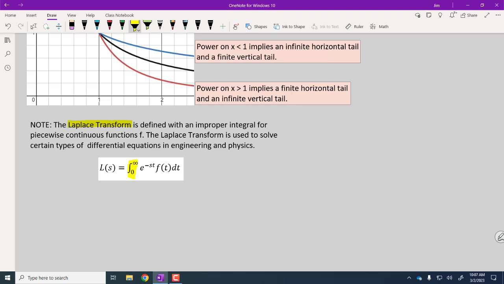And so what the Laplace transform does is it takes a discontinuous function, and when you multiply it by this e to the negative st, this exponential decay function, it turns a discontinuous function into a continuous function. Then in the Laplace domain, or the S domain, you can take derivatives all of a sudden.